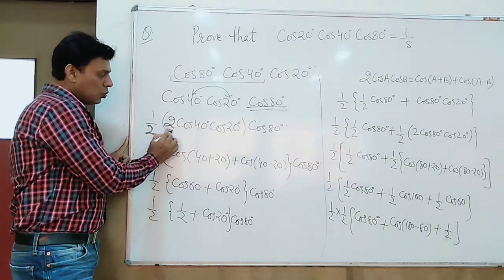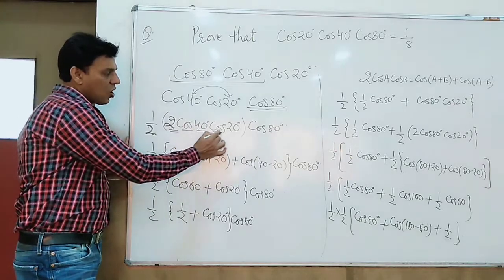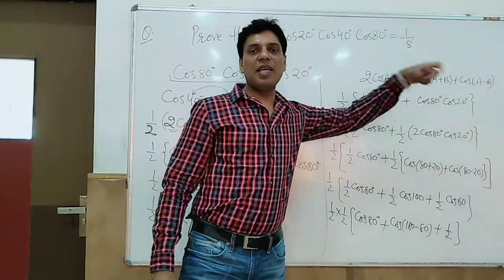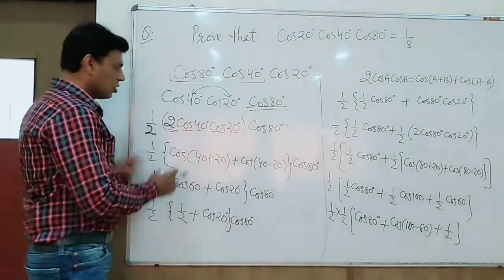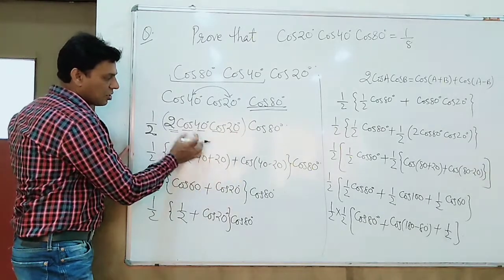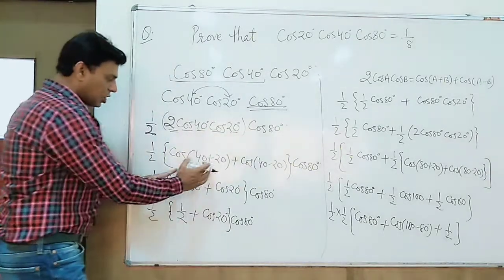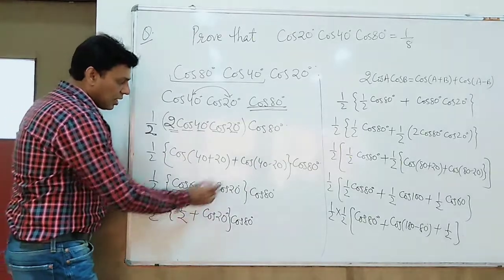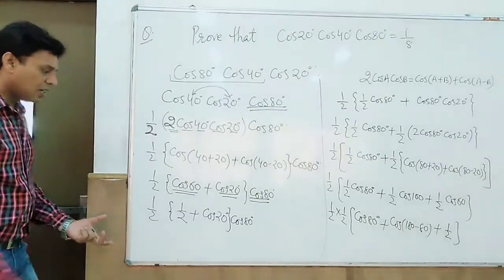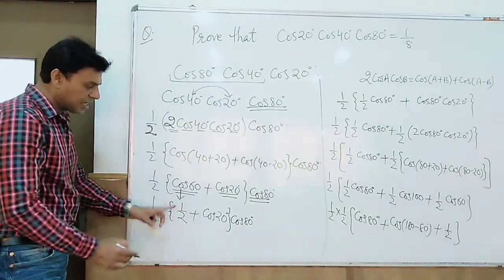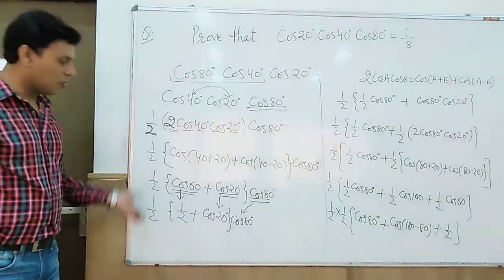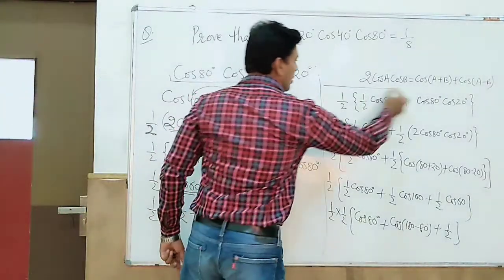Now we have 2 cos A cos B. And you know the formula of 2 cos A cos B? Cos A plus B plus cos A minus B. So this way we have cos 60 degree and we have cos 20 degree, and cos 80 degree is outside the bracket. Now the value of cos 60 degree is half, cos 20 degree as it is, cos 80 degree as it is.